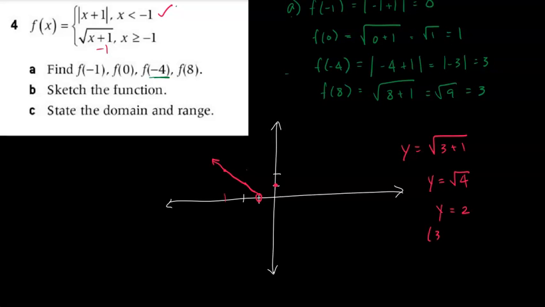Okay, so that's 3, 2. So 1, 2, 3, 3, 2, just like that. Okay.